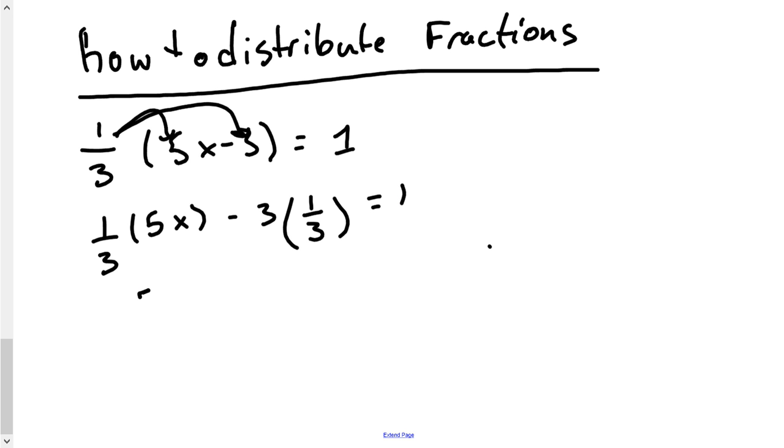So this becomes 5/3. Just remember, it's like this, numerators with numerators, denominators with denominators, x, and this becomes minus 1 is equal to 1. We have to move this over first.